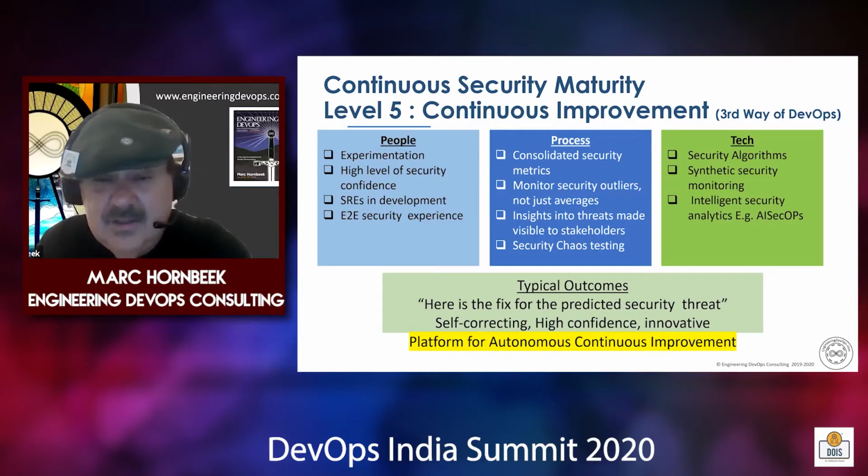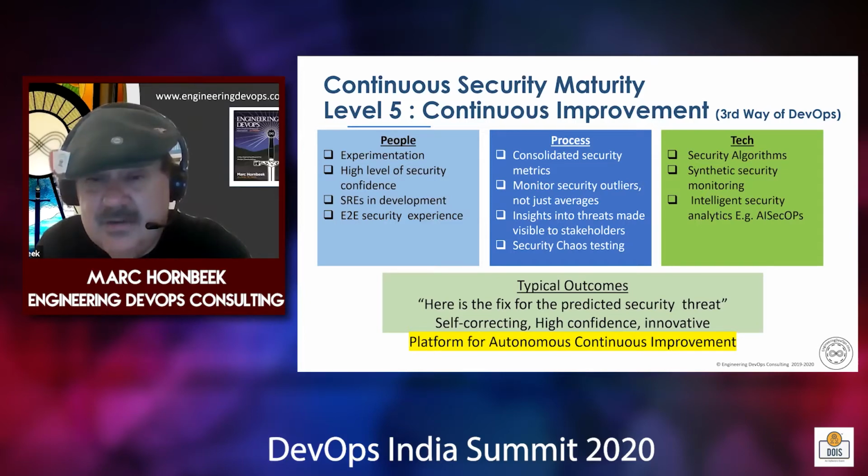A lot of insights, so the idea of observability, going beyond just monitoring of data streams, but actually making insightful decisions and analysis into the data that's being streamed, and that being made to stakeholders properly ahead of time. Security chaos testing is a relatively new idea, but that's also something that would be an example of what at this level people would be looking at.